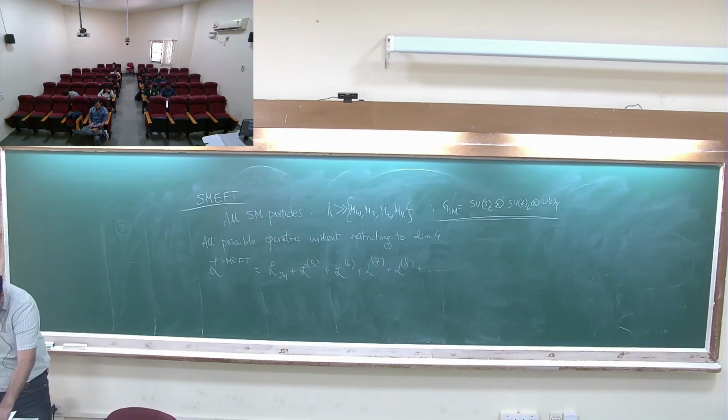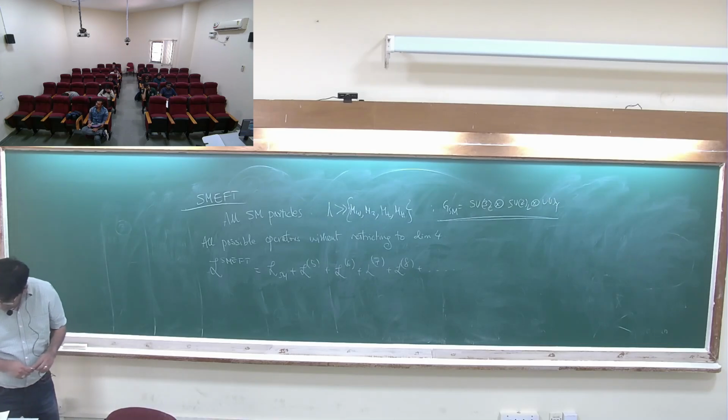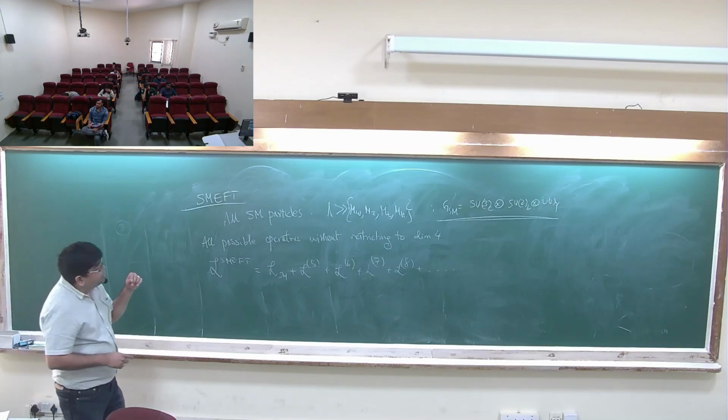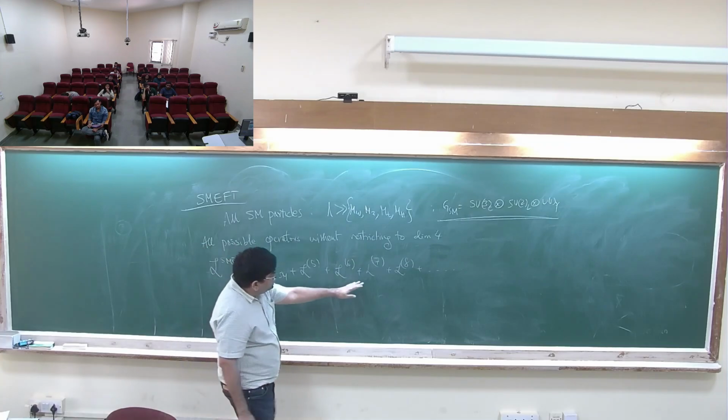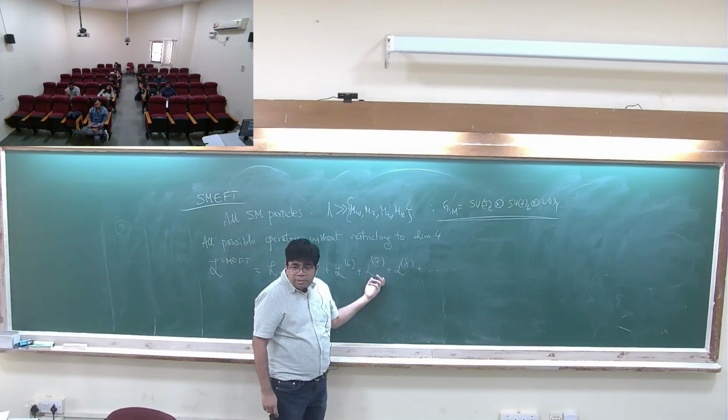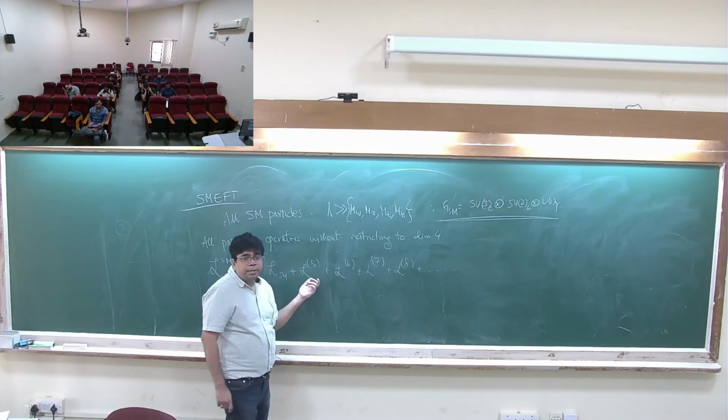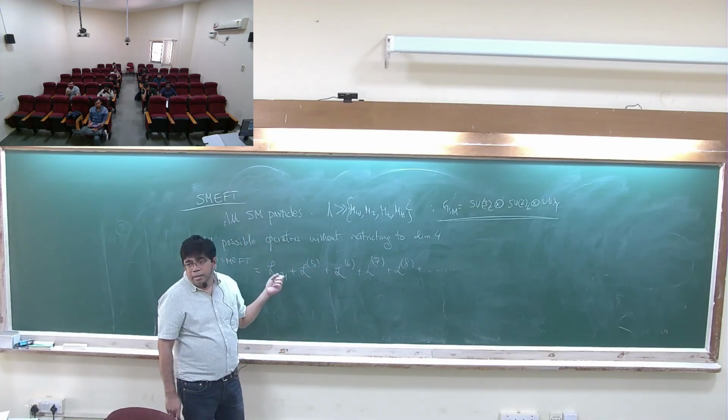Now the point is, how do you construct all these operators essentially? Typically people avoid dimension 7 because most of them are baryon number violating and lepton number violating. Odd dimension operators typically end up being baryon or lepton number violating operators.